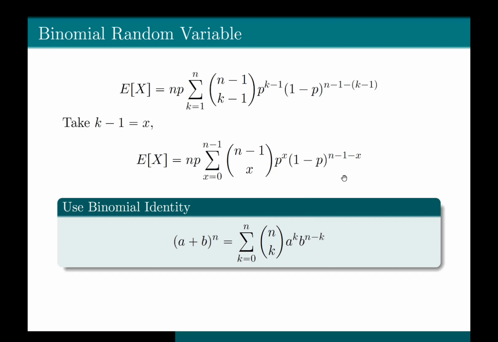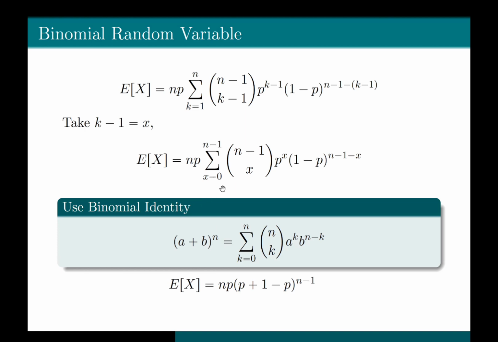You will have that this expression is equal to np times (p plus 1 minus p) to the power. Now you see here in the binomial identity, you have summation k from 0 to n, therefore you have (a plus b) to the power n. Here, in the expression of expectation of X, we have summation of x from 0 to n minus 1. Therefore, in our case, we will have expectation of X to be np times (p plus 1 minus p) to the power n minus 1.